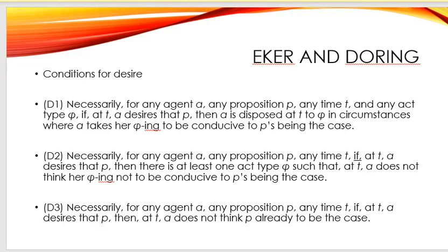Premise number 2: I have a desire. Therefore, I have D1, D2, and D3. So if one of these wasn't correct, premise 2 could be something like I don't have D2, and therefore I do not have a desire.